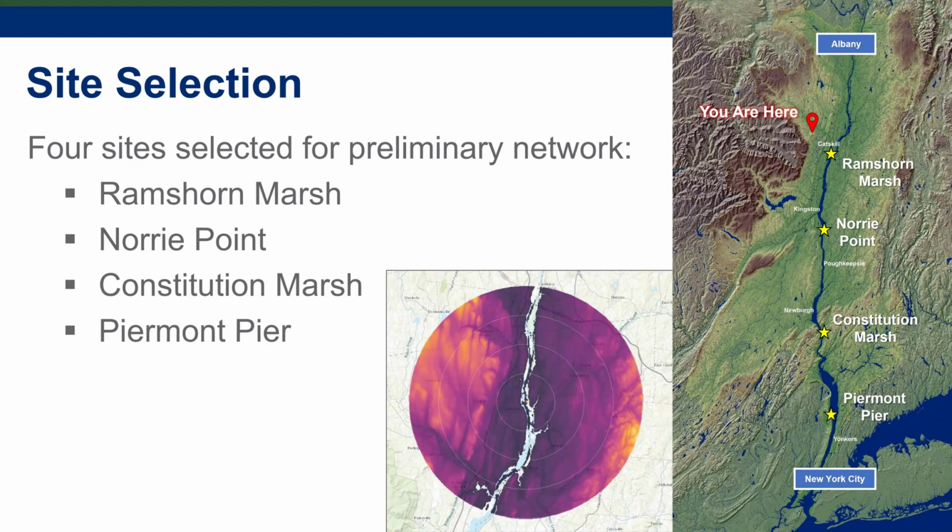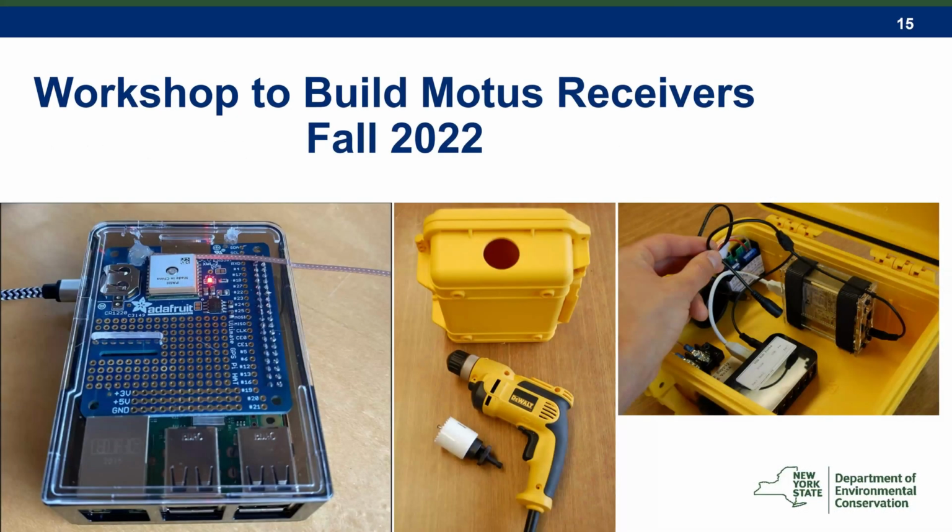Once we narrowed down the number of sites that we wanted to install, we got together, had some fun with electronics, and had a workshop to build Motus receivers. We were working with a fairly small startup budget for this collaboration, so our partners elected to go with the DIY receiver build option, using a sensor dome powered by a Raspberry Pi mini computer.